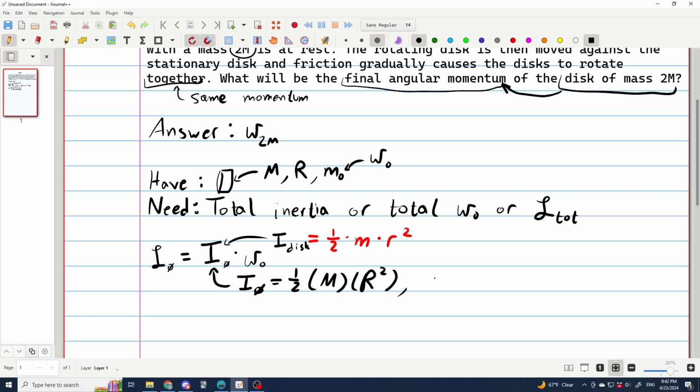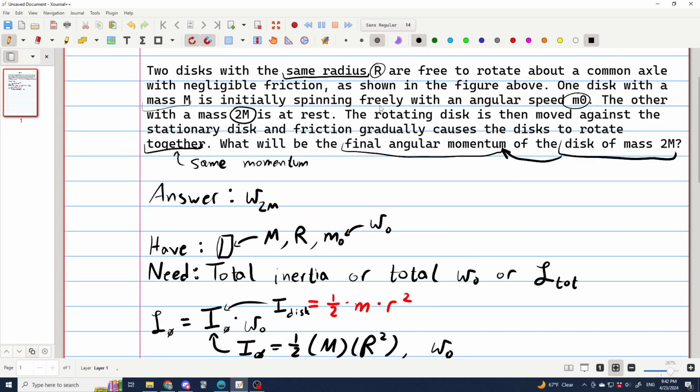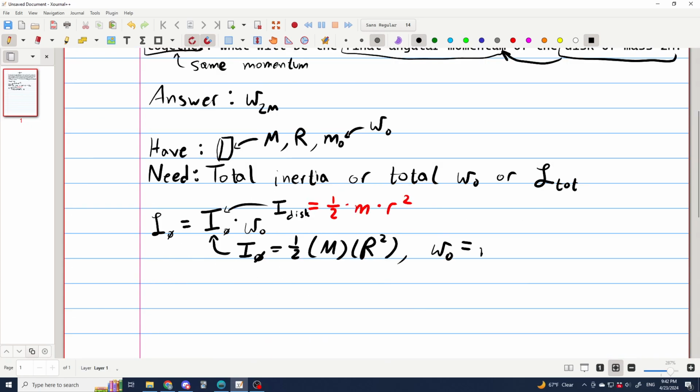And then for my rotational speed, it says freely with an angular speed m0, that's the initial point, so it's equal to ω0. Again, I don't like that they use m0 instead of omega 0, but whatever. So now our initial momentum is going to be 1/2 times m times r squared times ω0. Again, they don't give us any numbers, so this is what we're going to be working with.